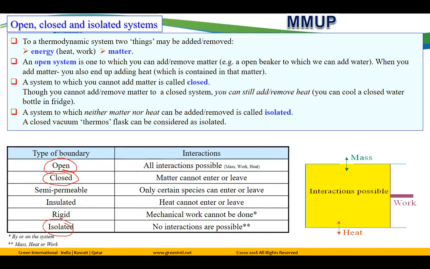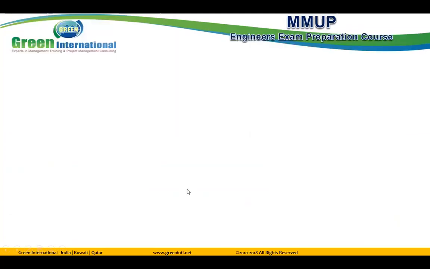So for the three main classifications, what is the difference between open, closed, and isolated? We will define the three and make a comparison between them for two things: mass transfer and heat transfer.